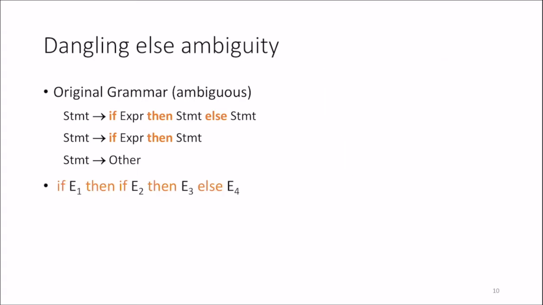So let's consider an input like if E1, then if E2, then E3, else E4. So notice that this else has 2 possible ifs that it can go with. And again, we are assuming that we don't have any curly brackets. So this else is perfectly reasonable to use. Let's call R1 and do R1 first, and then do R2 to get if expression then statement over here in the lower part.